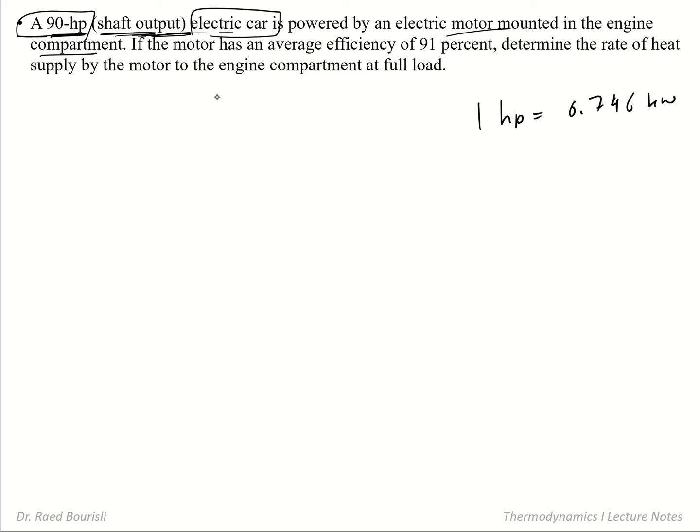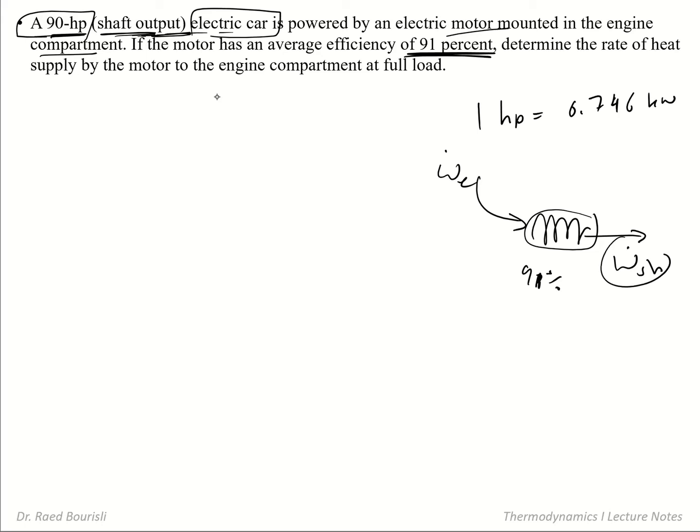Okay. If the motor has an average efficiency of 91%, so the motor, you have electric power into this motor, and it gives you kinetic or shaft work at 91%. So if you want an output of 91, you'll give it 100.